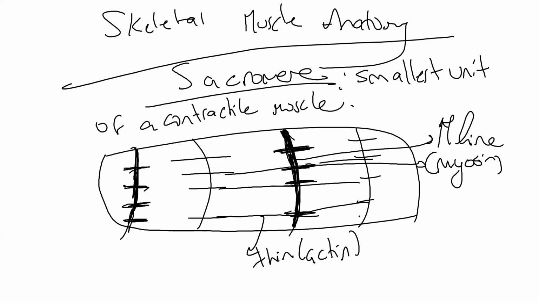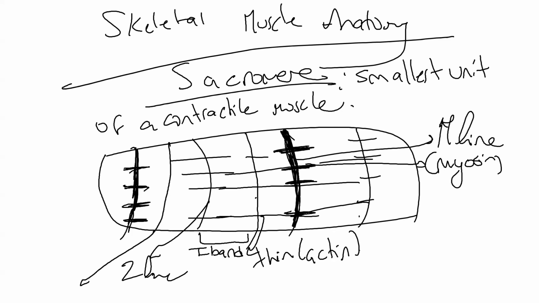This is called the I band, between two Z lines. This is one Z line, this is the second Z line. Between two Z lines we have the I band. Here we have the H band. And here we have the A band.